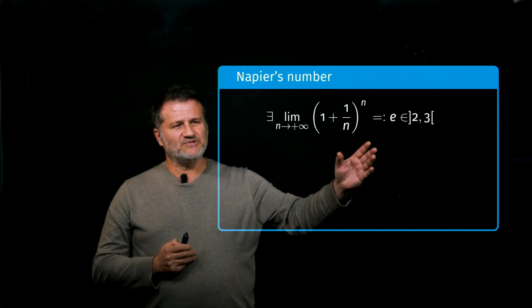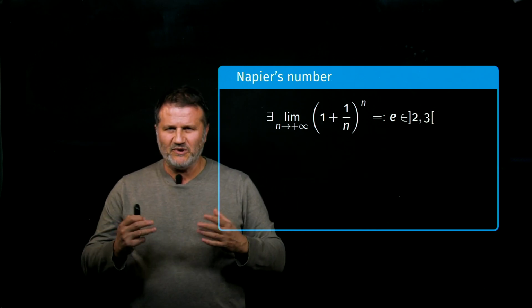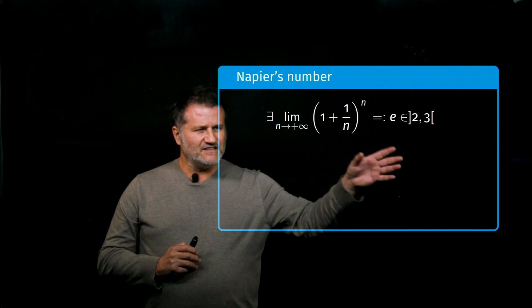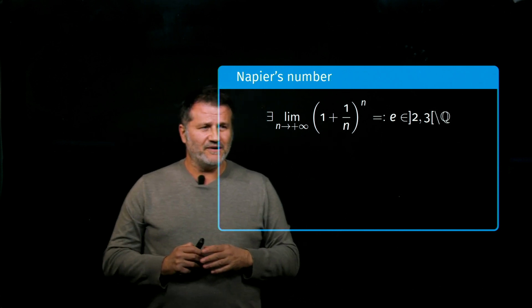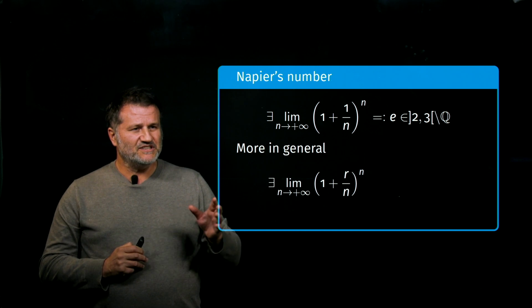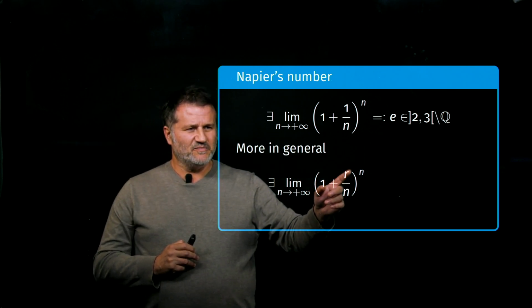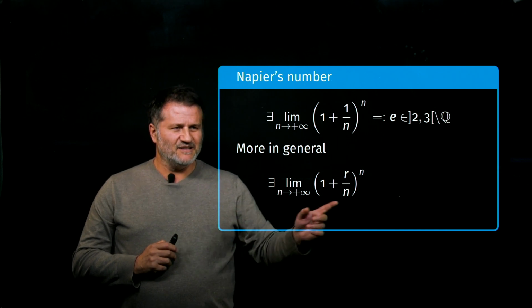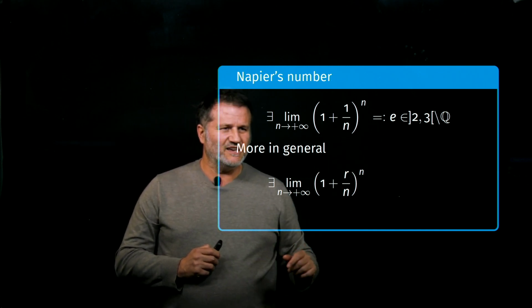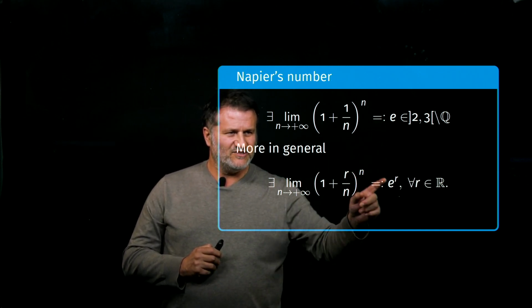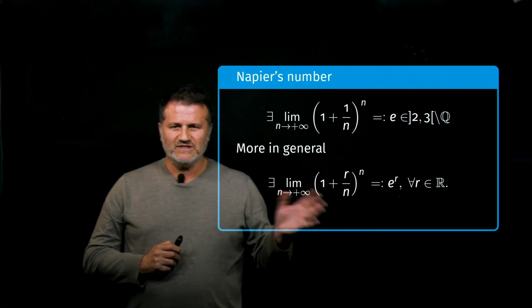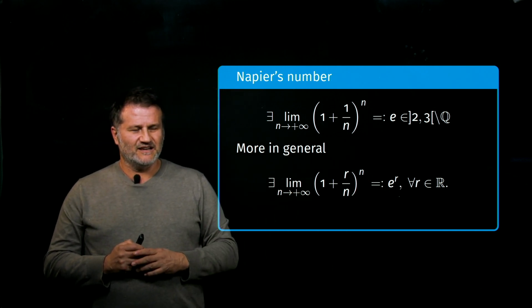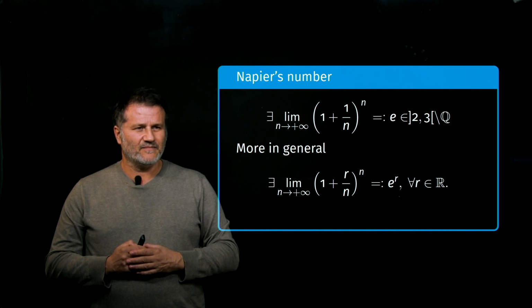This number is between 2 and 3, is something like 2.78, and it is moreover an irrational number. And more in general, when you put a rate r here, this limit exists and turns out to be equal to that number e to the exponent r, whatever the real number r is.